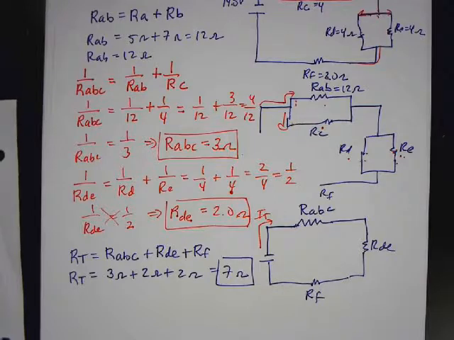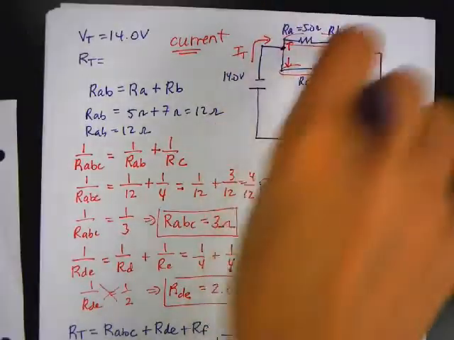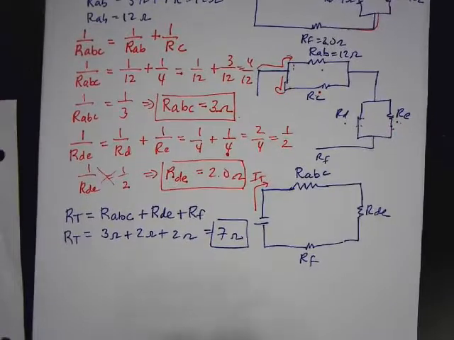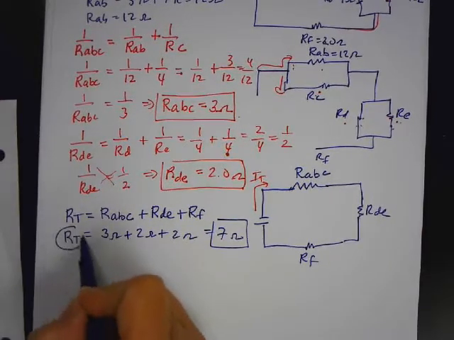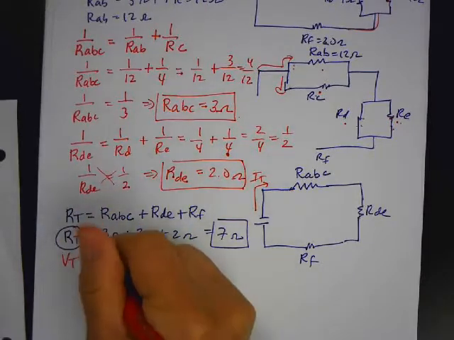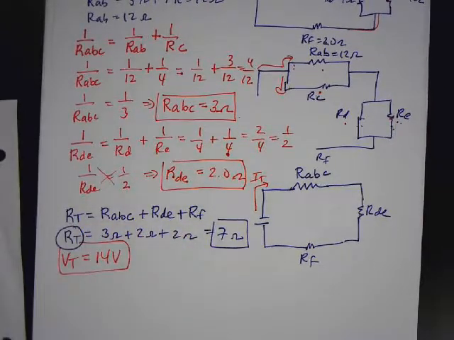Now this question says calculate the current and potential difference across each resistor. So I'm going to go back to my original picture and find V, I, and R for every single one of these. I already have R, but I'm going to find V and I. Now, I found RT. I know that VT is equal to what? 14 volts, which means I can find IT.